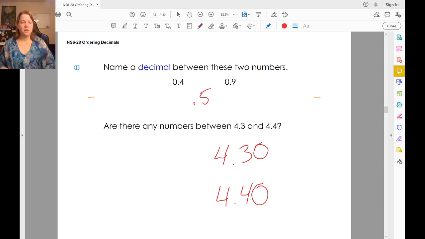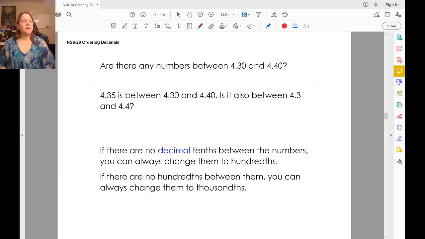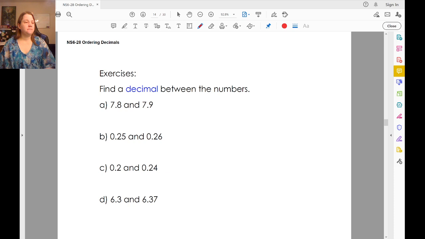Can I find a number in between here? Sure. 4.35. And now I've found a way to get a number between there. So they want you to find a decimal between the numbers. Your decimal may not match my decimal.